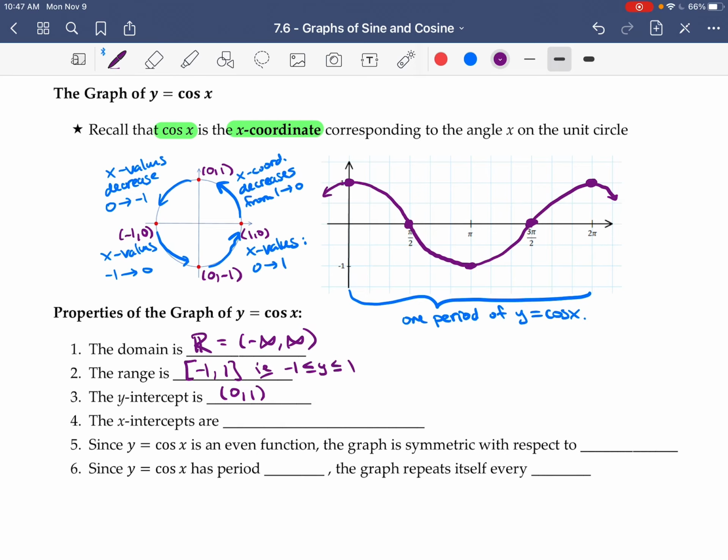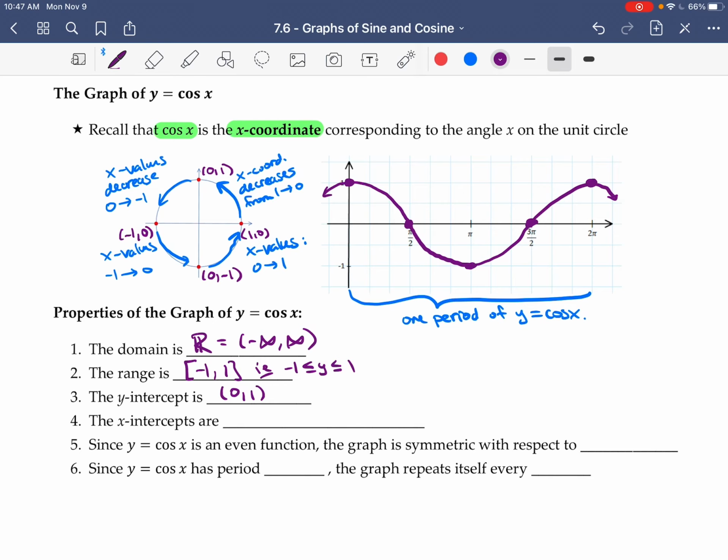And then for the x-intercepts, that's when the terminal side is straight up or straight down. So we want to hit these points. So this is pi by 2, and this is 3 pi by 2. So what we want is odd multiples of pi by 2. Even multiples are going to reduce and give us multiples of pi.